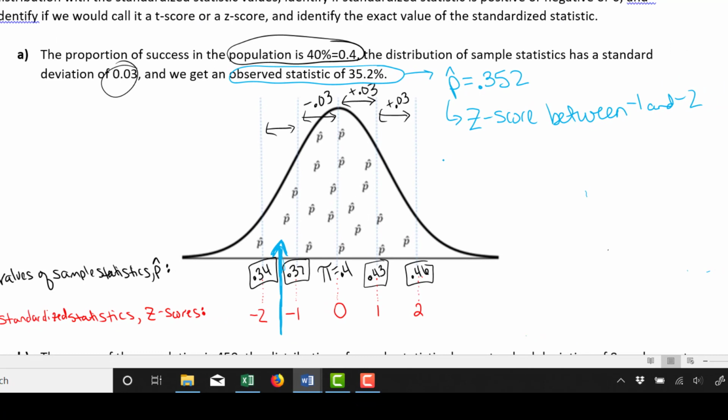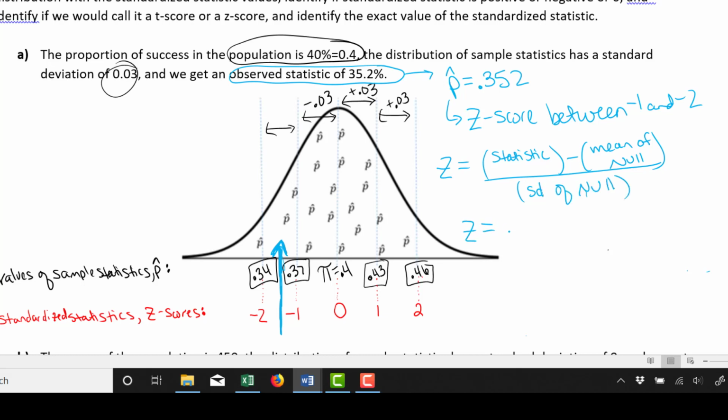We can actually calculate the value of the z-score. We can calculate the value of the standardized statistic using the formula. The formula says you take your statistic and you subtract the mean of the null distribution, and then you divide by the standard deviation of the null distribution. So our z-score: our statistic is 0.352 minus 0.4, the mean of the null distribution, divided by the standard deviation, which was 0.03.